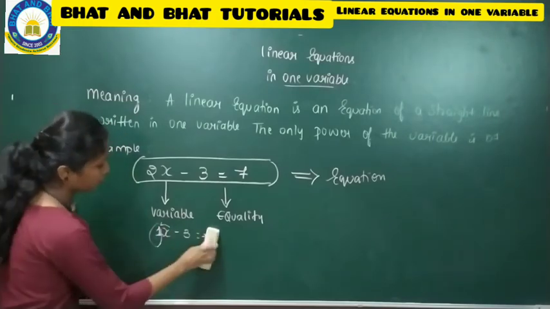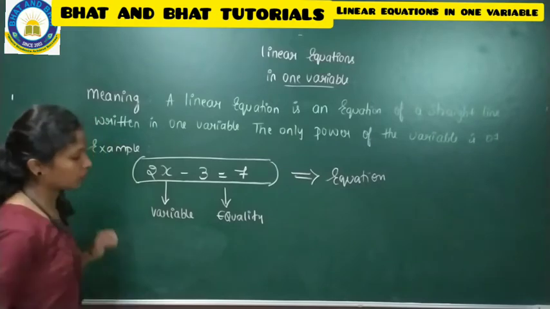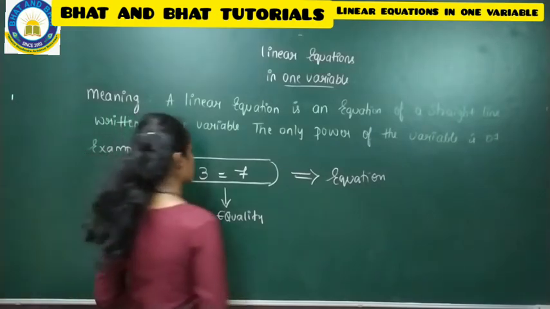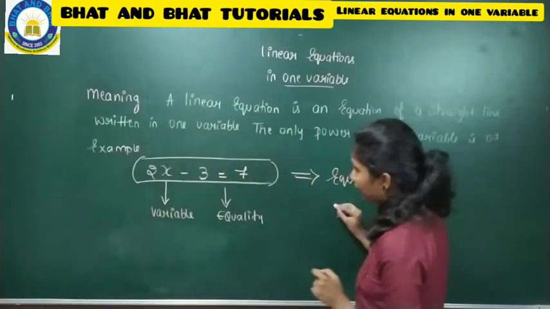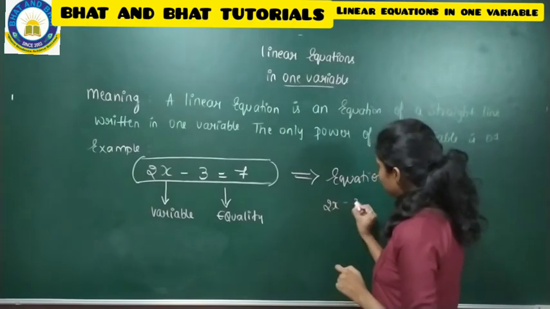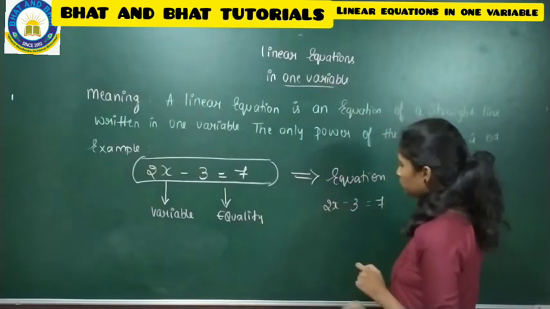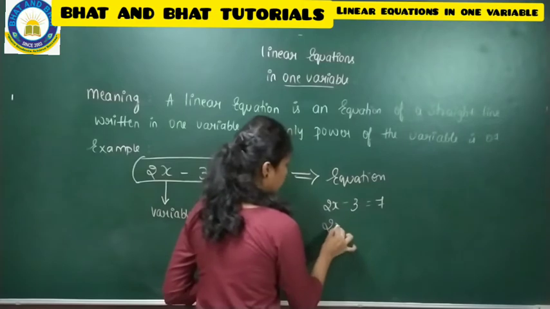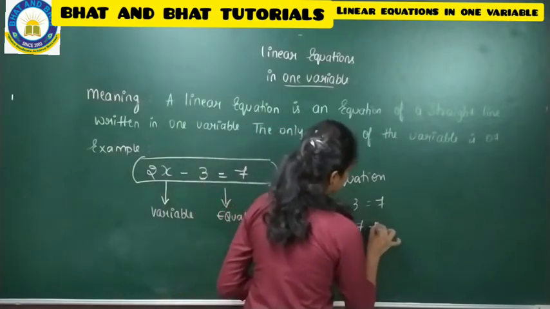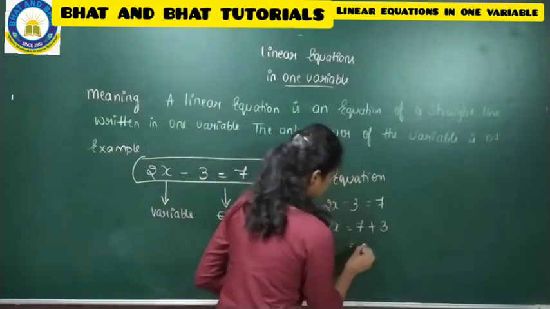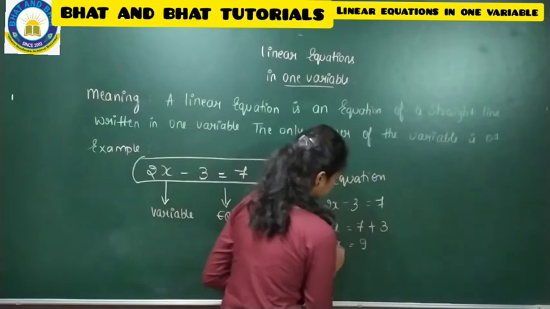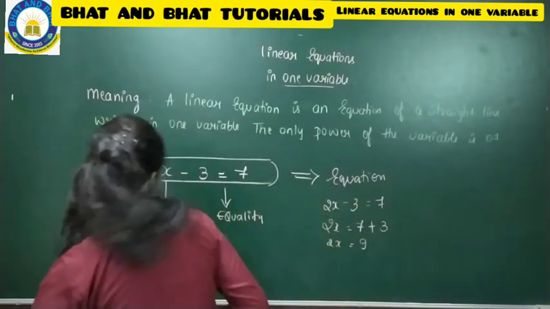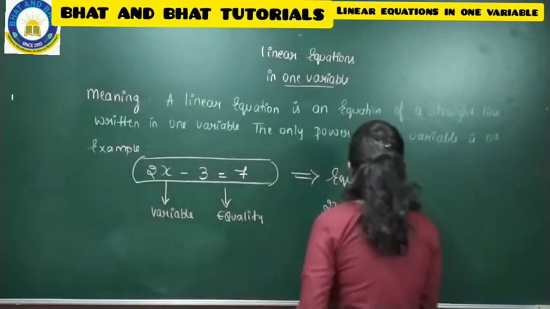Also, they have given the equation. How to solve the equation? Why have they given equality? 2x minus 3 is equal to 7. So 2x is equal to 7 plus 3. Just a minute.